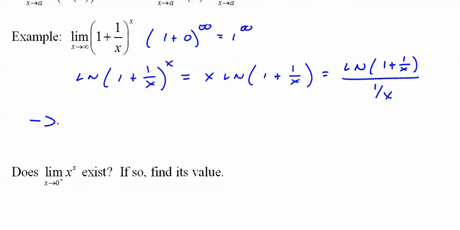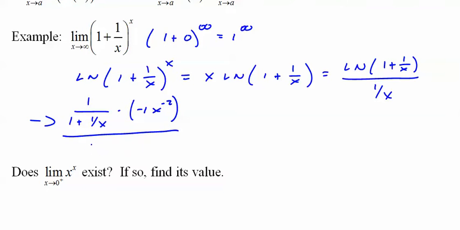Take the derivative. 1 over 1 plus 1 over x times, I want to make sure I don't screw this up, the derivative of this piece is going to be -1 x to the -2nd. Same thing on the bottom: -1 x to the -2nd.